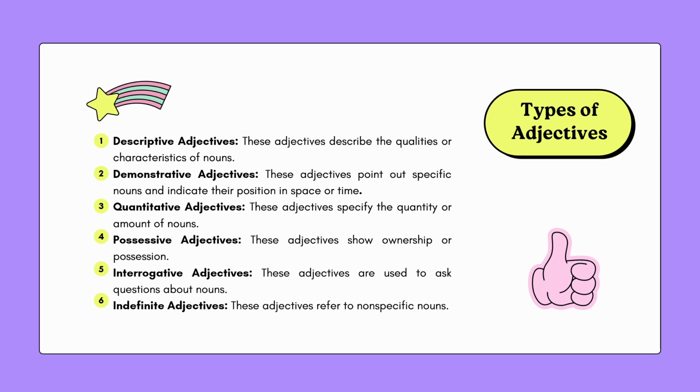Quantitative adjectives specify the quantity or amount of nouns. Possessive adjectives show ownership or possession. Interrogative adjectives are used to ask questions about nouns. Indefinite adjectives refer to non-specific nouns.